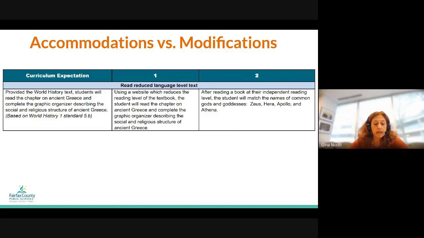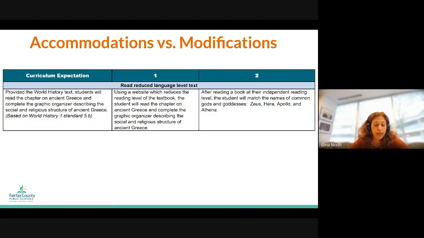Column 1 says, using a website which reduces the reading level of the textbook, the student will read the chapter on ancient Greece and complete the graphic organizer describing the social and religious structure of ancient Greece. Column 2 says, after reading a book at their independent reading level, the student will match the names of common gods and goddesses, Zeus, Hera, Apollo, and Athena.